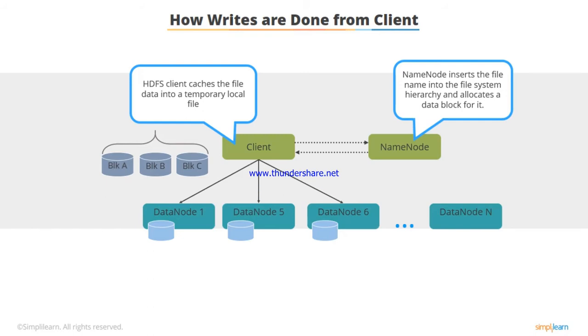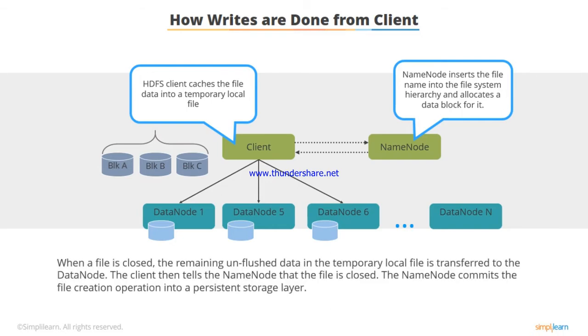Finally, the block of data is flushed from the temporary file to the specified data node by the client. If and when the file is closed, the remaining data from the temporary file is transferred to the data nodes. Client also notifies name node about the closure of the file, and name node commits the file creation operation into the persistent storage layer, which is HDFS.